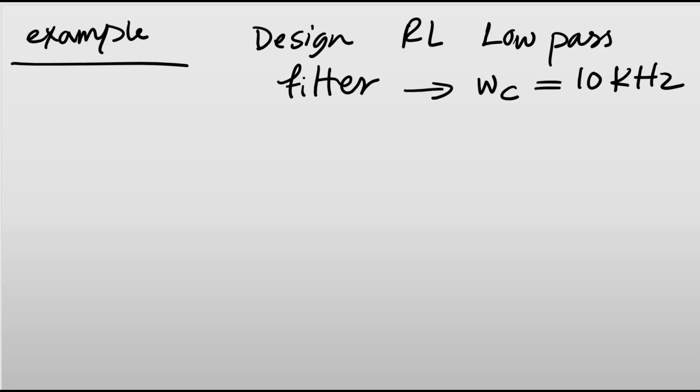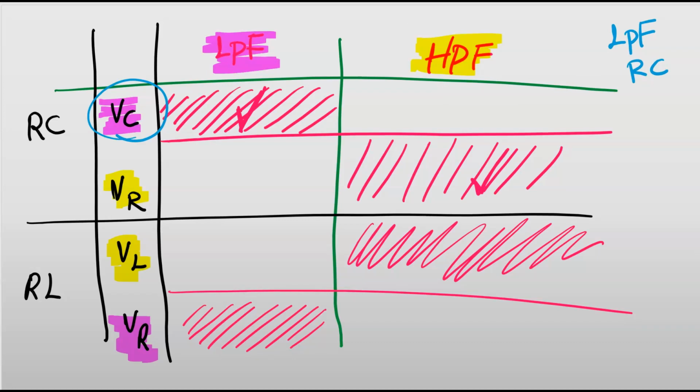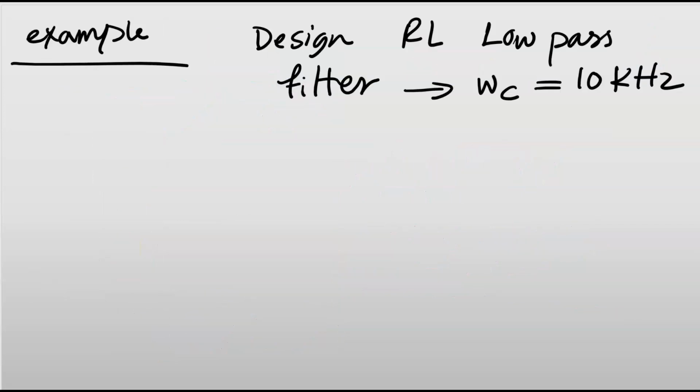Okay, so now in order to design an RL low pass filter, let's see what we need. If we are focusing on our RL circuit and we are looking for a low pass filter, then it means that we need the voltage of our resistor to be the output voltage. So I'm going to draw my circuit in this form.